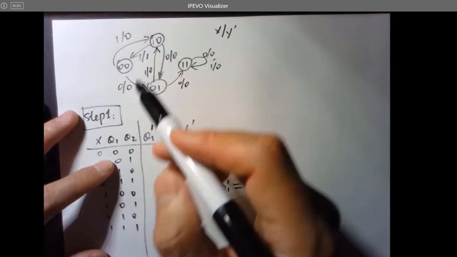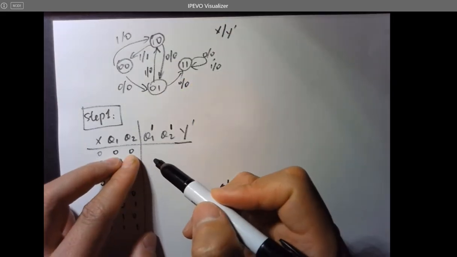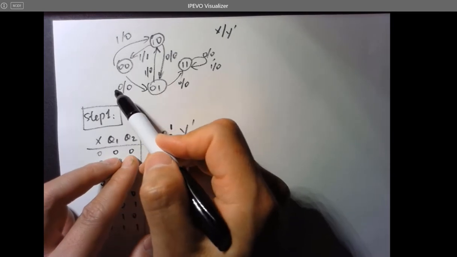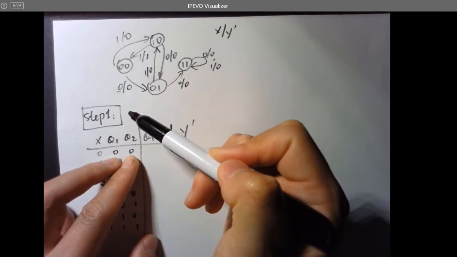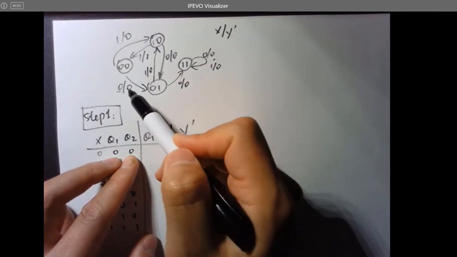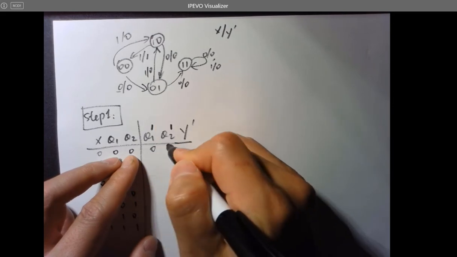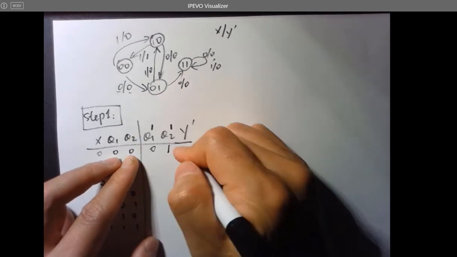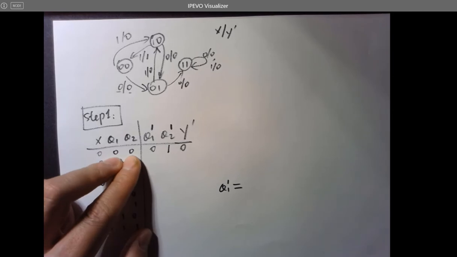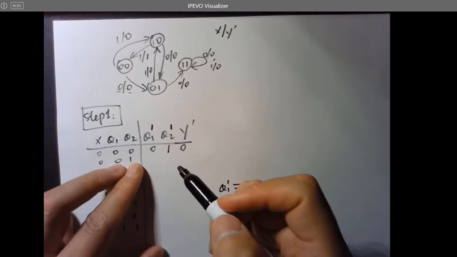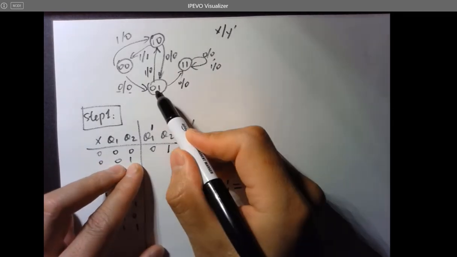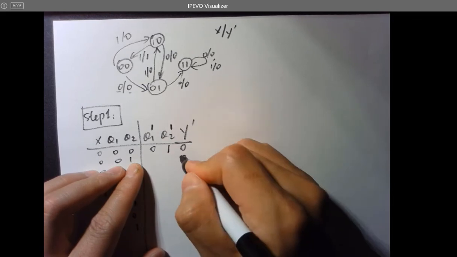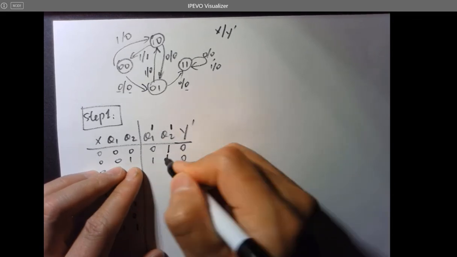So let's see. We have 00. When x is 0, it goes to 01 and the final output is 0. When Q1, Q2 is 01 and x is 0, the output will be y, and it jumps to 11.